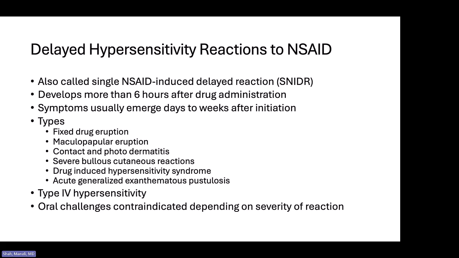I don't want to get too much into these because this could be a whole lecture on its own, but these are all type 4 hypersensitivity, and can be further classified into type 4A, B, C, D. And again, we know that we don't do oral challenges for these, especially based on the severity of the reaction.